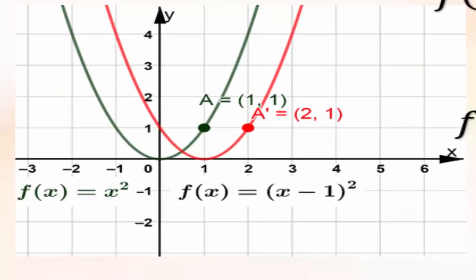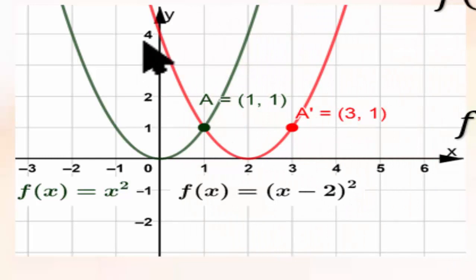And if we move it 2 units to the right, the function becomes (x minus 2) squared, and the point A goes to the point A dash. A is (1, 1) and A dash is (3, 1).